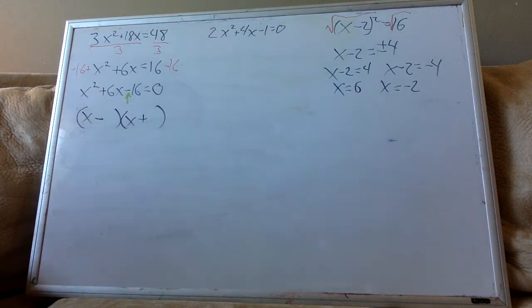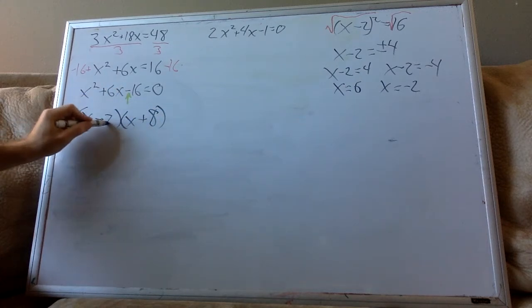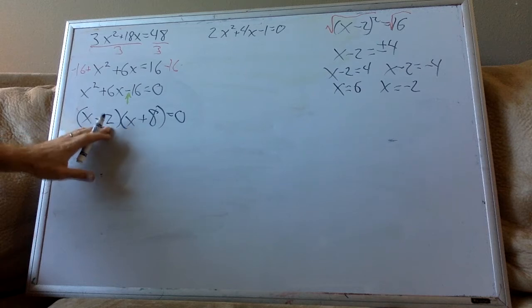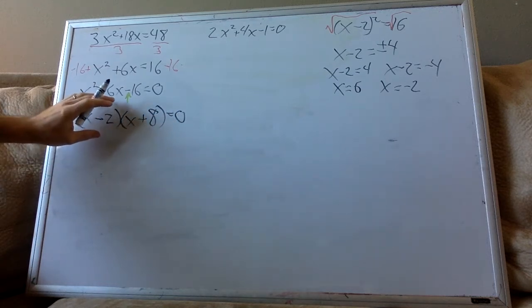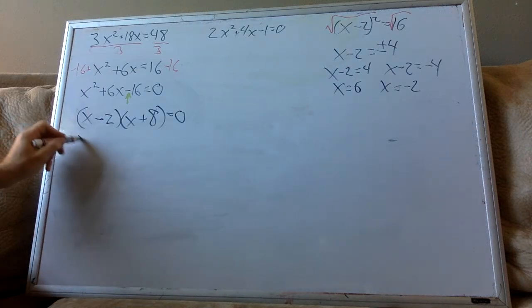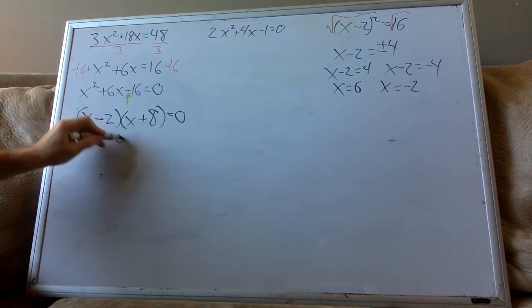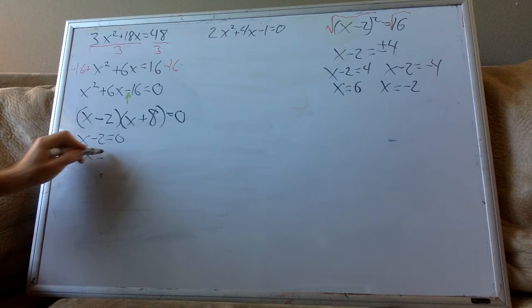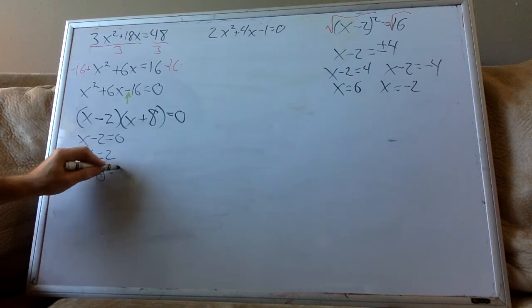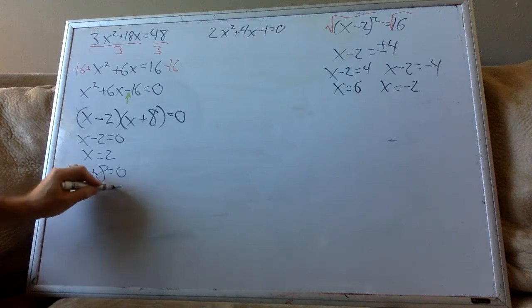This is positive, so I have a positive 8 and a negative 2. Because this times this equals 0, one of these would have to be 0. So if x minus 2 is equal to 0, then x is equal to 2. And if x plus 8 is equal to 0, then x must be negative 8.